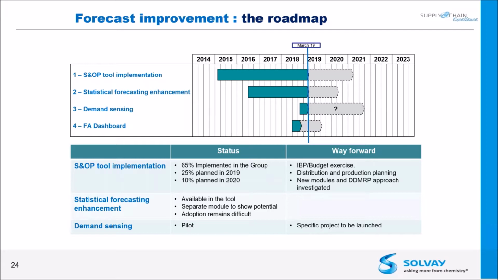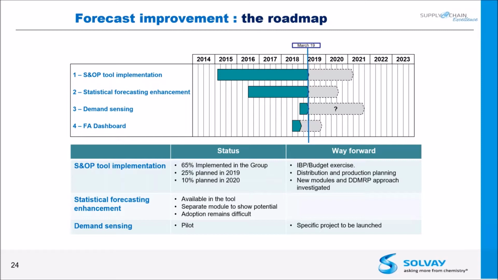And obviously, together with the tool implementation, we go for a revision of the process. And we started testing and using statistical forecast 3 years ago, because the tool offered the possibility to do it.